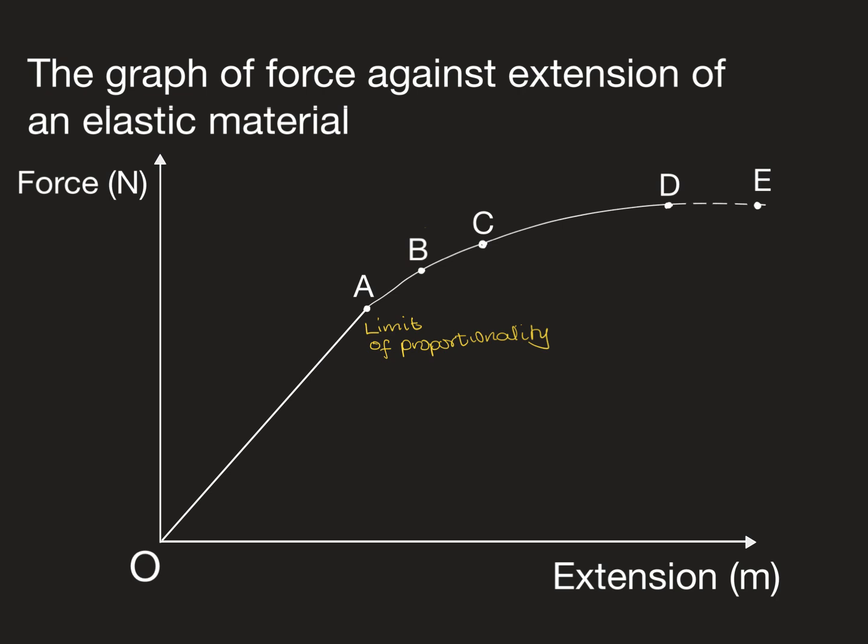Then we move on to point B. Point B is known as the elastic limit. The elastic limit is defined as the maximum force that can be applied to an elastic object, and then the object will be able to restore its original size and shape after the force is removed.